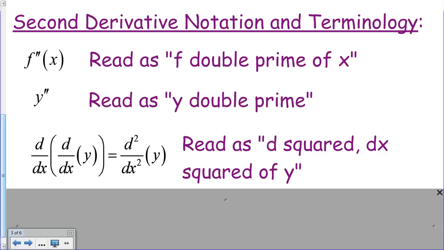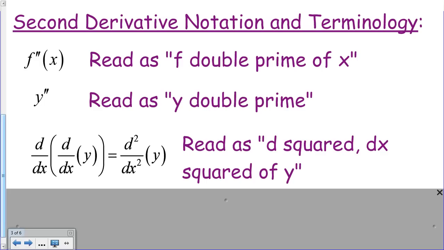And the quantity dx is actually one quantity. It looks like two different variables there, but we're actually using two letters to indicate a single quantity. So that's the reason why we write that as dx squared. If you wanted to put it in parentheses, you could, but it's not necessary because dx is understood to be one thing. We just use two letters to describe it. So that's read as d squared dx squared of y.